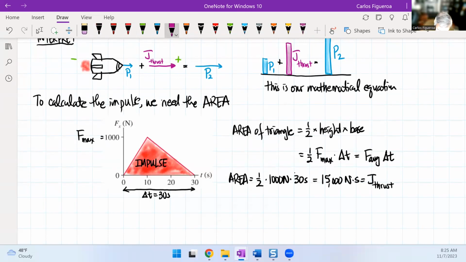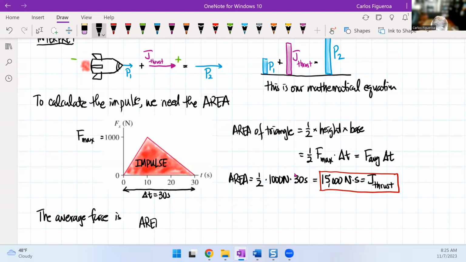Even though the question does not ask for the average force, we can compute it. The average force is given by the relationship of the area, which is 1/2 F max delta t, and this will equal F average delta t.